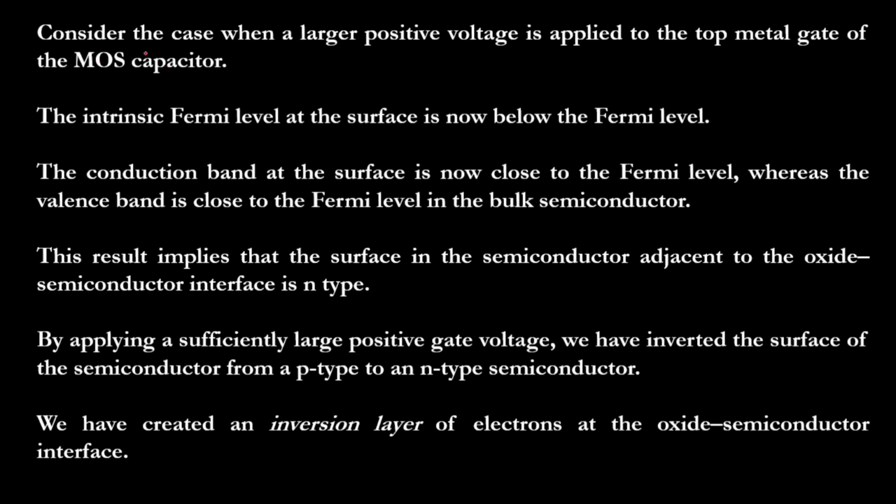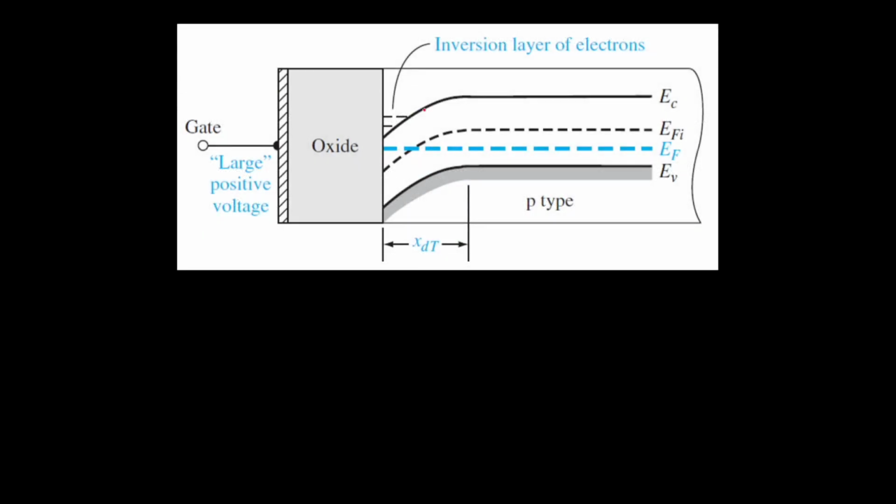Consider the case when a larger positive voltage is applied to the top of the metal gate of the MOS capacitor. What will happen if I apply more? The bending will be more, and more holes are pushed away from this region. What will happen near this junction? All the positive charges are pushed with a strong force, right?